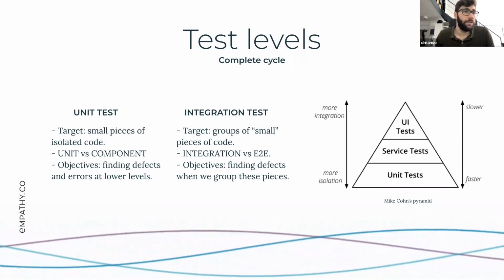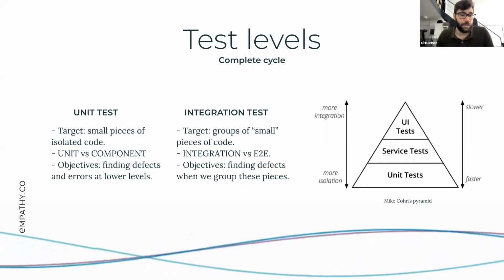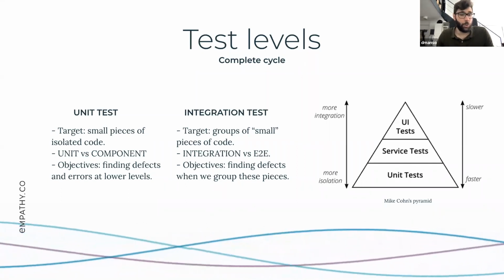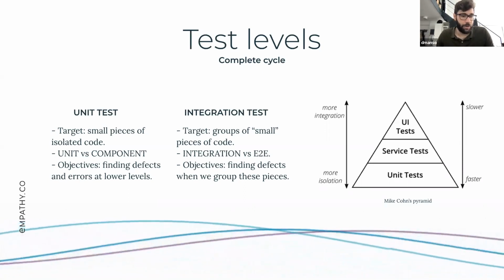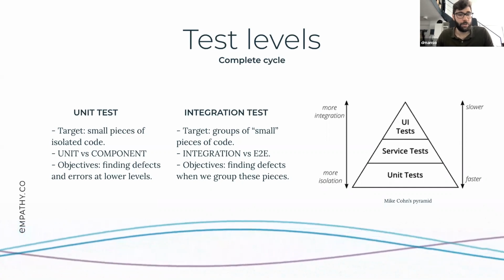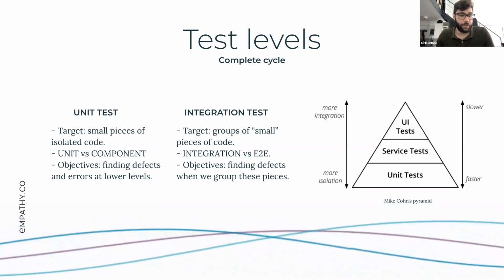So after explaining this, the targets of unit testing, among the main objectives, are to find defects in the component or the unit, such as incorrect functionality, errors, unexpected behaviors, bad code, everything that has to be debugged and fixed.